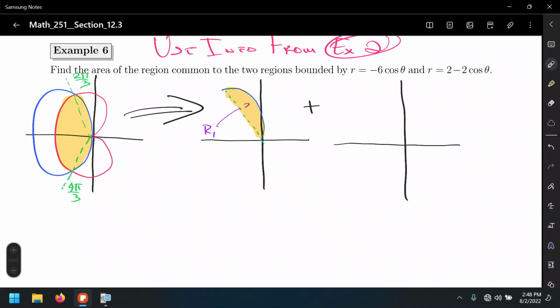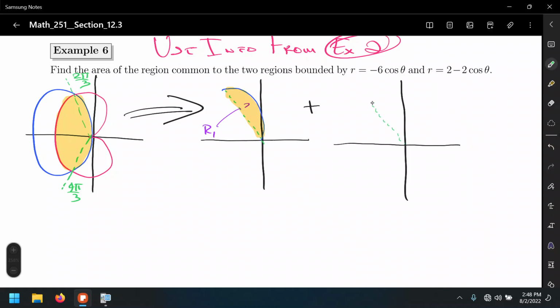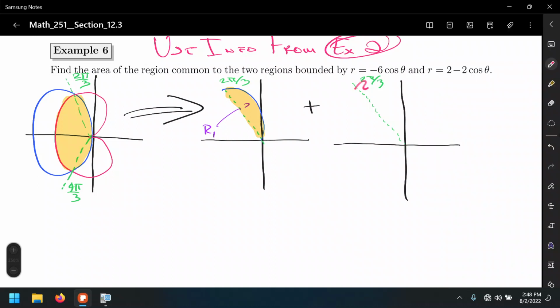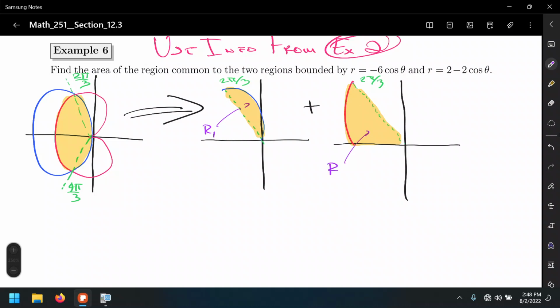Let me do the same ray, which is the 2 pi over 3, and in this case it will be bounded by that part. Let's call this R2. Are you guys following me here about what we're doing?